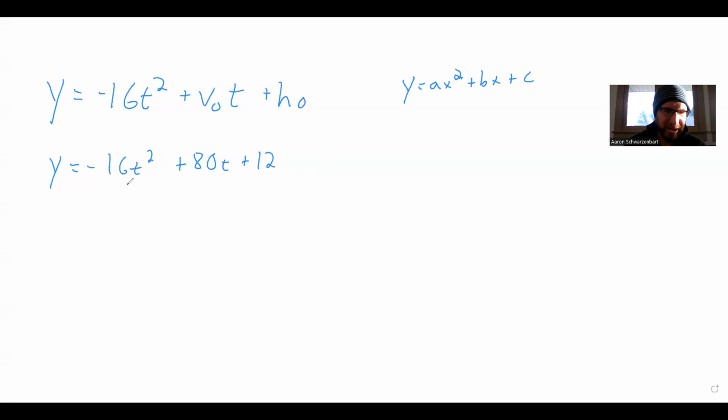If I want to know the height of the pumpkin at 1 second, I just plug in 1 for t. Oops, that one should be squared. Okay, and I get negative 16 plus 80 plus 12. 76 feet.